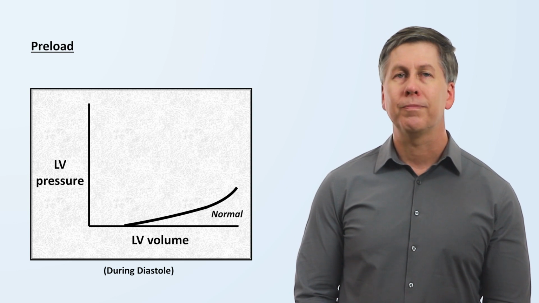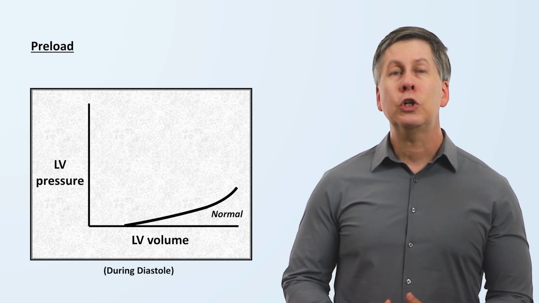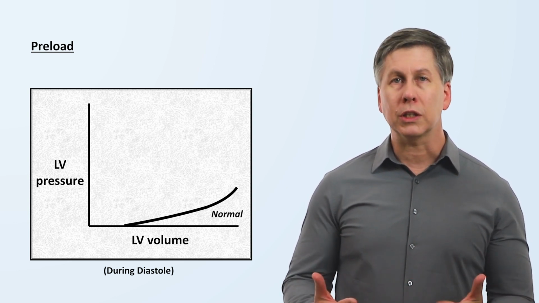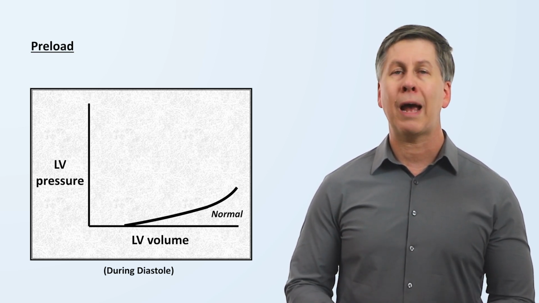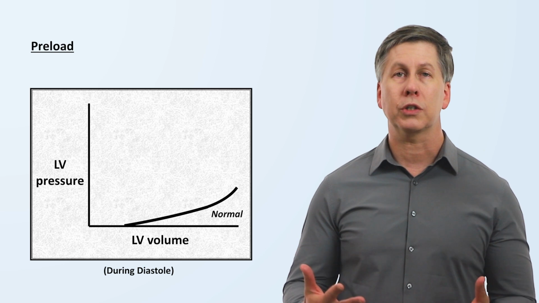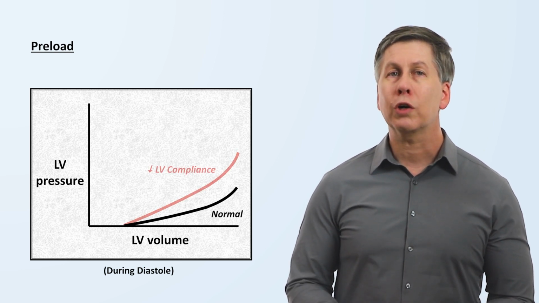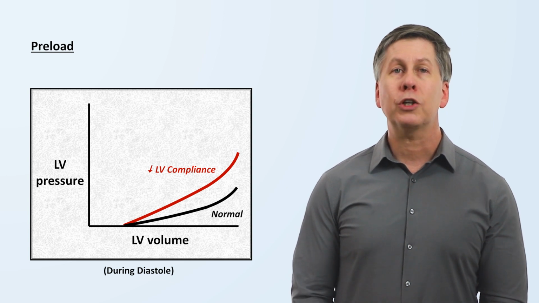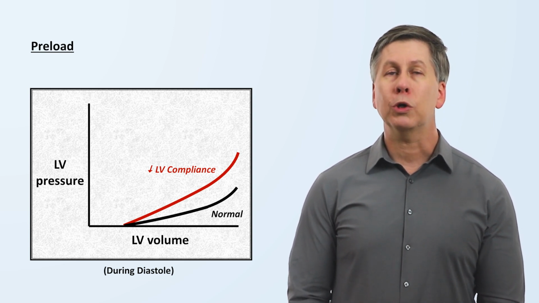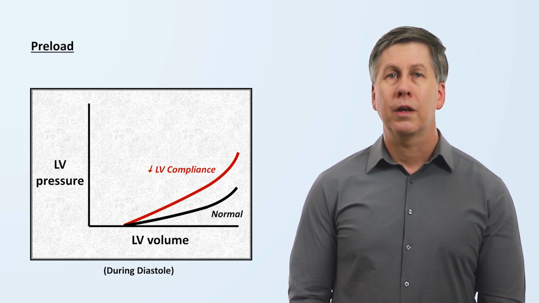Also, if the general compliance of the LV worsens due to something like infiltrative diseases of the myocardium such as amyloidosis or sarcoidosis, the overall curve steepens. So for a given LV volume, the LV pressure is higher, also predisposing the patient to symptoms.